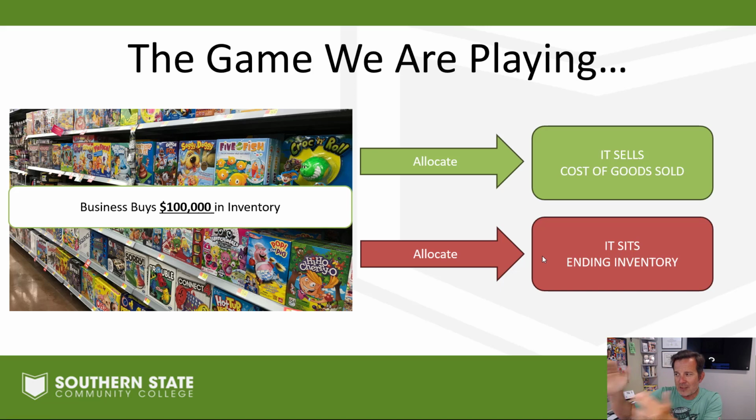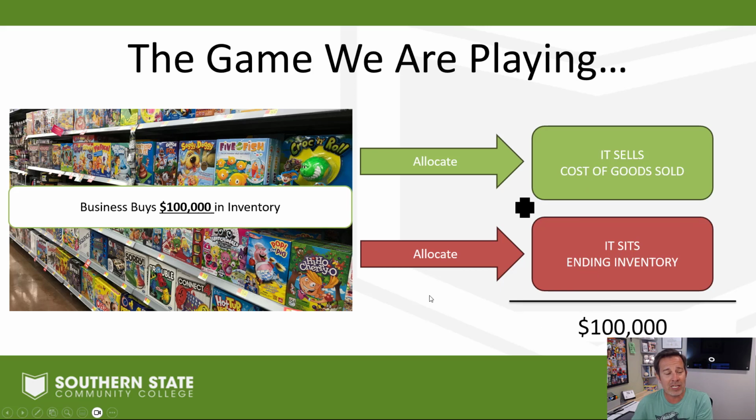And so if you think a step ahead here, our cost of goods sold and our ending inventory added together should equal that $100,000 that we paid for the inventory. So whatever we paid for inventory eventually gets allocated to cost of goods sold for stuff that has been sold, or ending inventory for stuff that is still sitting in inventory.